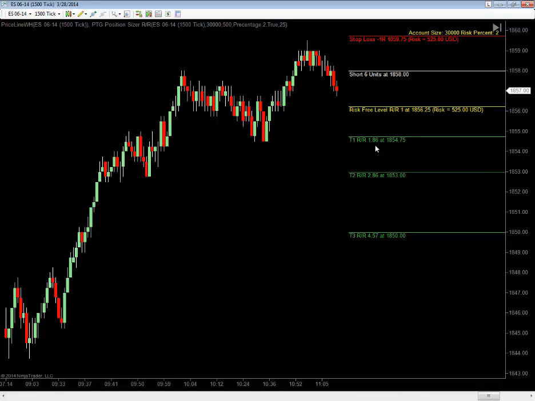As the targets are filled, you can see the RR value is 1.86, meaning 1.86 times your initial risk. If you reached target 2, this will give you an RR value, or reward risk value, of 2.86 times your initial risk. And ultimately at target 3, clearly a very great trade if this develops this way, at 4.5 times your initial risk. So those are planning.